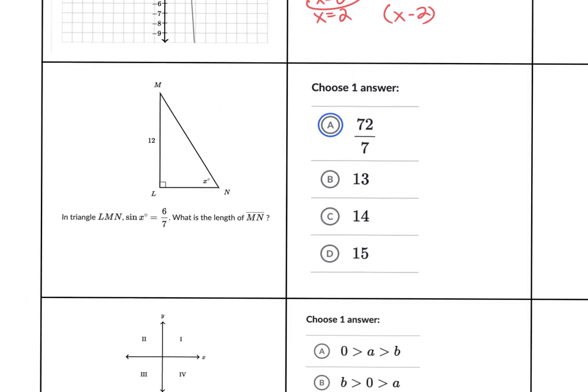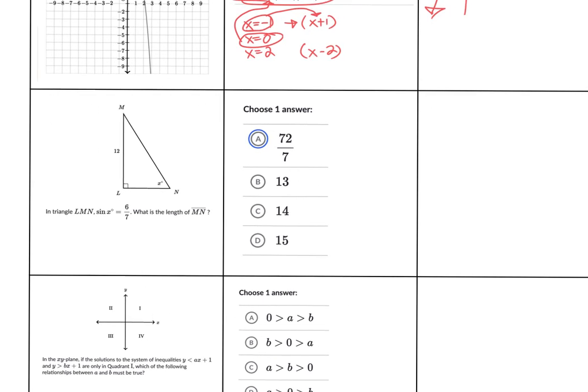In triangle LMN, since sine of x equals 6/7, what is the length of MN? So this goes back to SOHCAHTOA. Sine is opposite over hypotenuse, cosine is adjacent over hypotenuse, and tangent is opposite over adjacent. So I know that sine of x degrees equals 6/7.